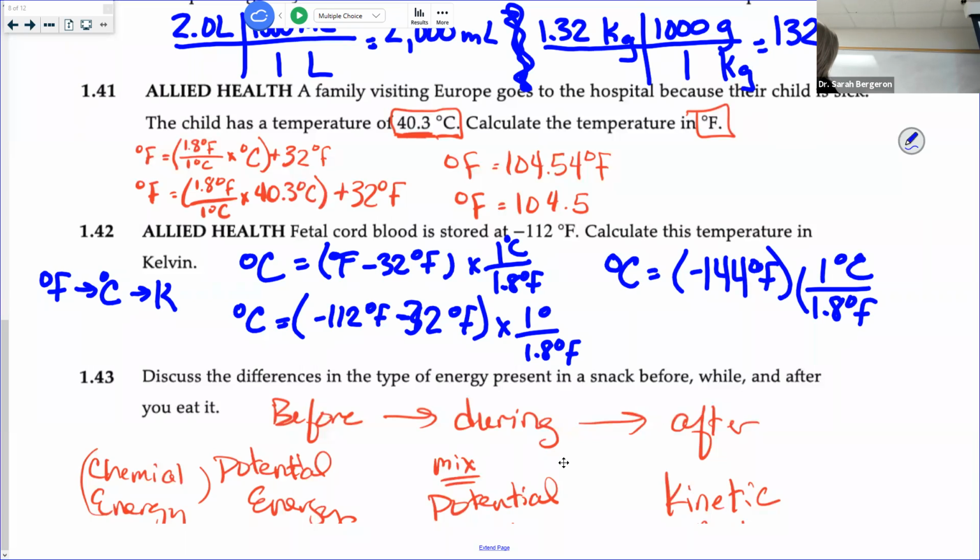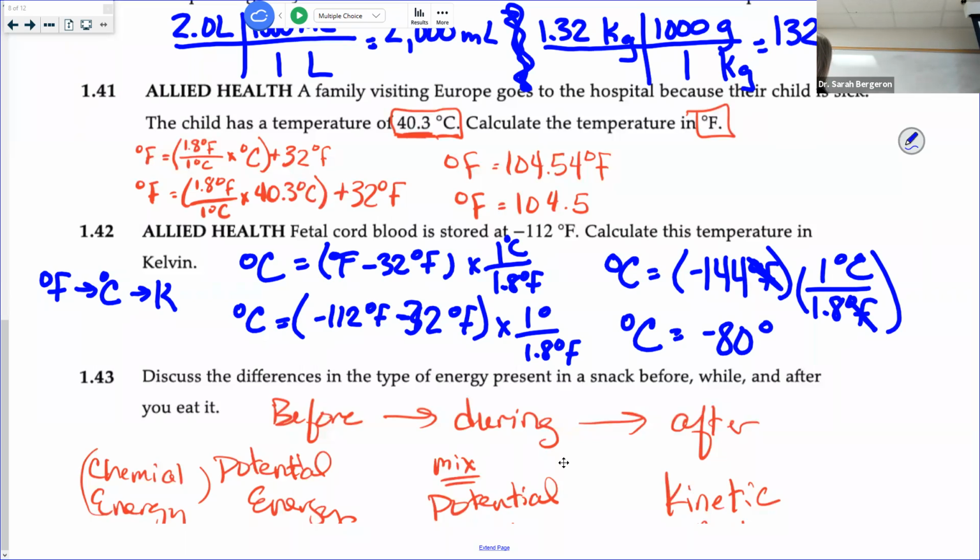So then what happens? Our Fahrenheit cancels, we're left with Celsius. So negative 144 divided by 1.8, what do we get? Negative 80 degrees. Now what do we do?